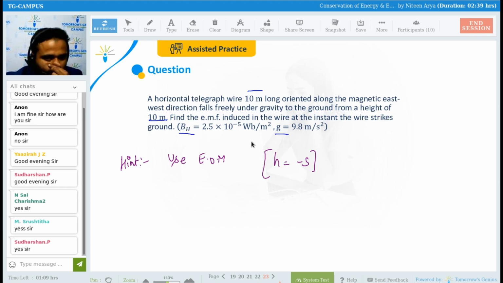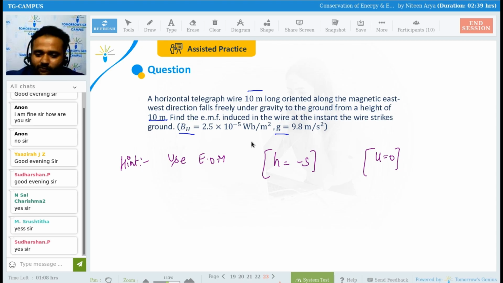A horizontal telegraph wire, free fall. In free fall, initial velocity is 0. This is the case of free fall, you're dropping something. So with this you can find V. L you have, B take as BH directly, and then use the simple relation BLV, find this and tell me the answer within 2 minutes.